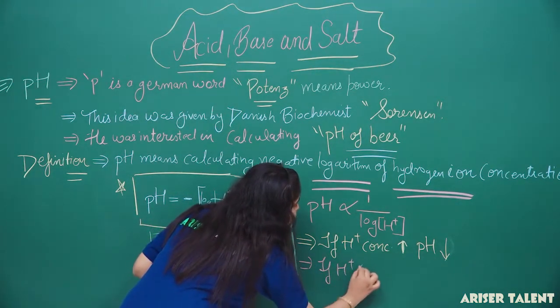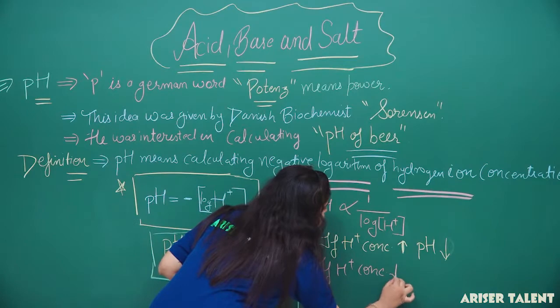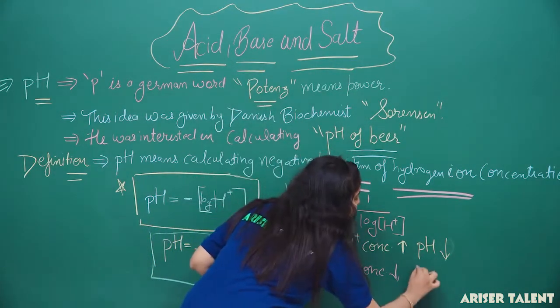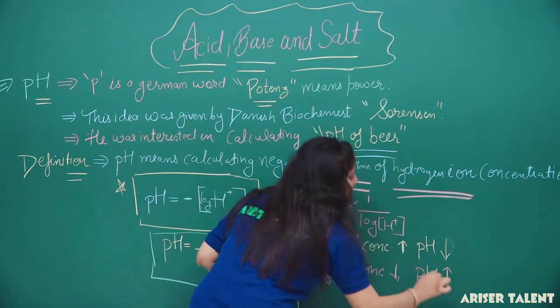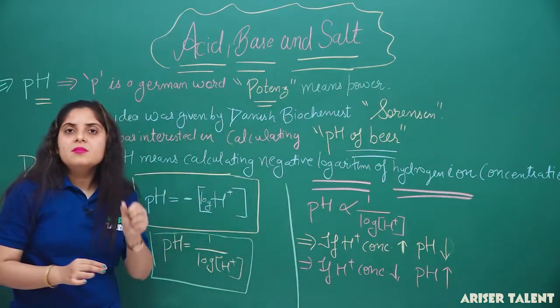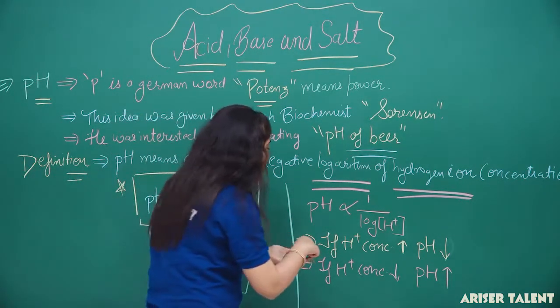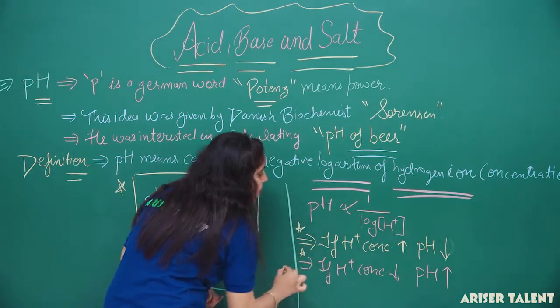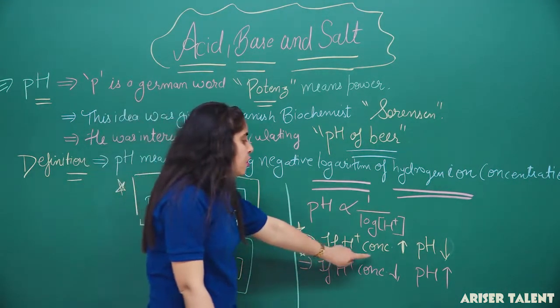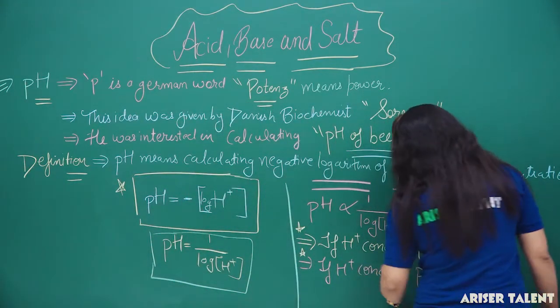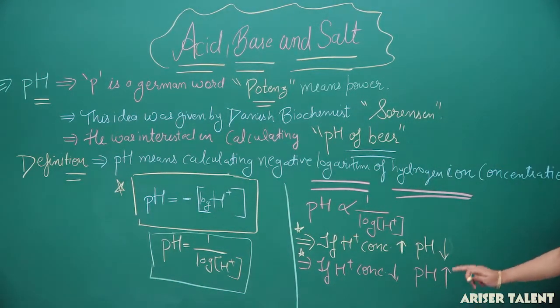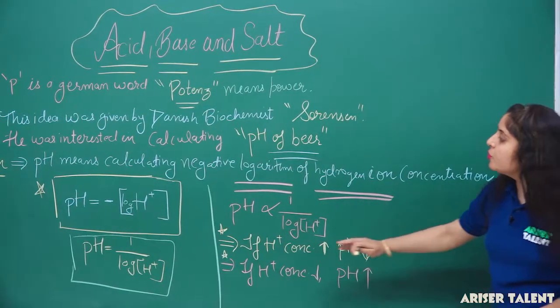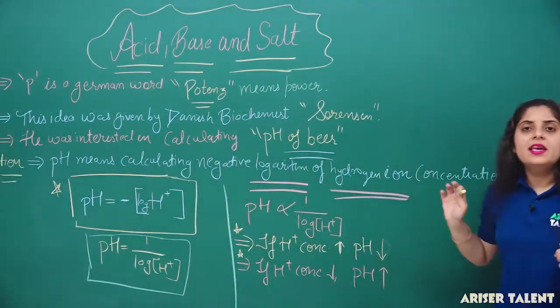If H plus concentration is lower, we can say that the pH will be higher, because in both terms there is an inverse relation. So these are the 2 main points of the conclusion: if H plus concentration is higher, pH will be lower, and if H plus concentration is lower, pH will be higher. These are the 2 general conclusions we can derive from this equation.